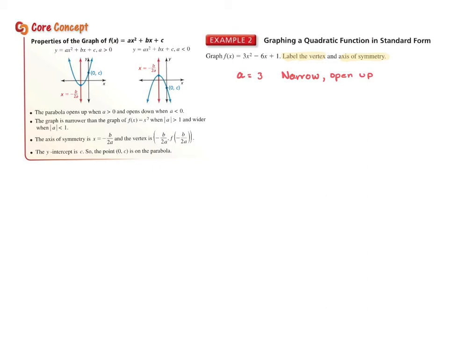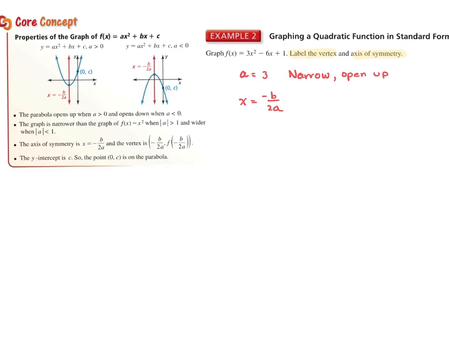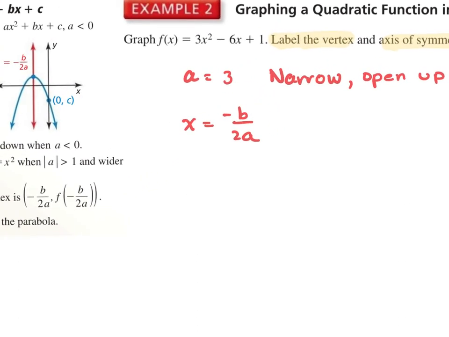We cannot tell the vertex yet, but we can find the axis of symmetry. The axis of symmetry is always at negative b over 2a. So let's locate our a, b, and c. I'm going to blow this up just a tad. This is a in ax squared plus bx plus c. Notice b must be a negative 6.